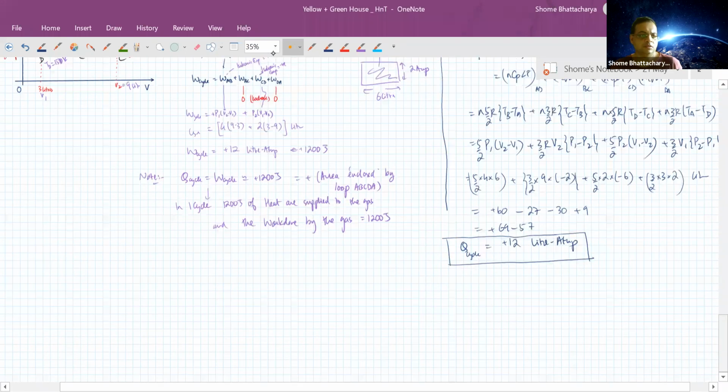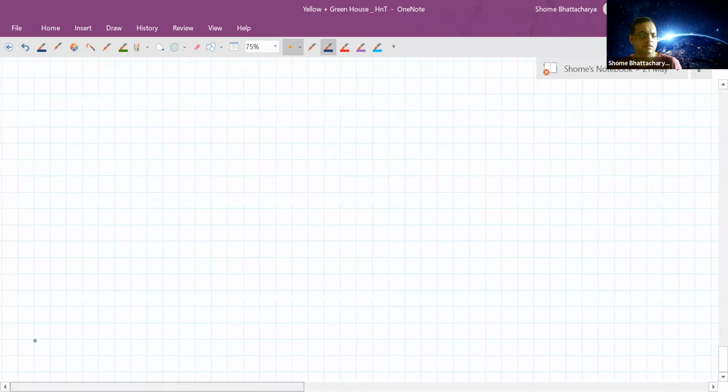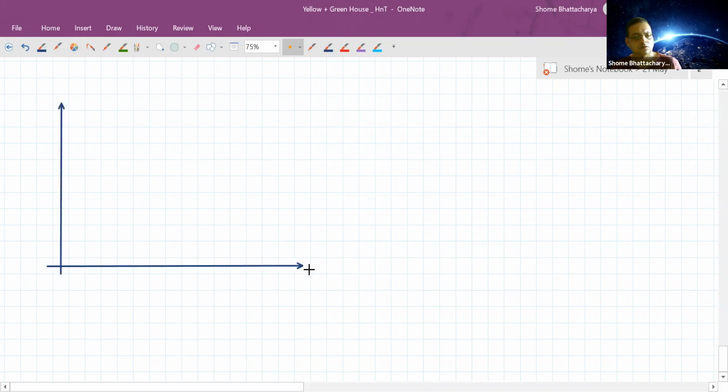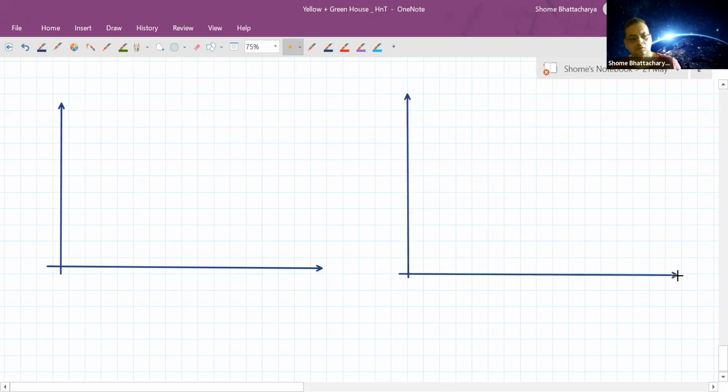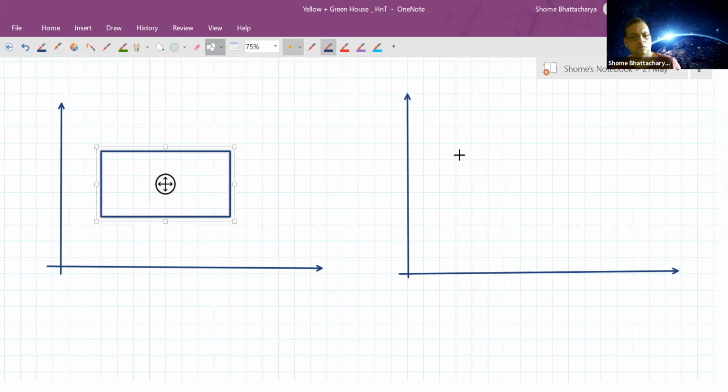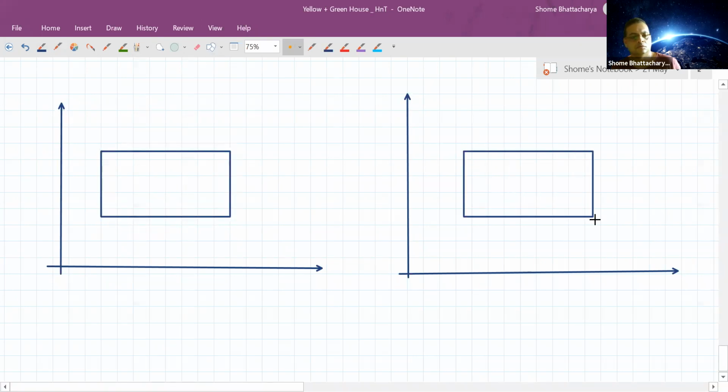Just for example, in the same cycle as we were discussing just now, suppose our loop was anti-clockwise instead of being clockwise. So if we do a comparison of these two, now just assuming that the graphs are identical.